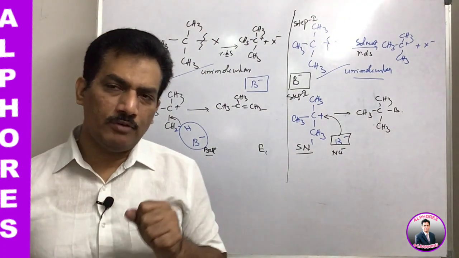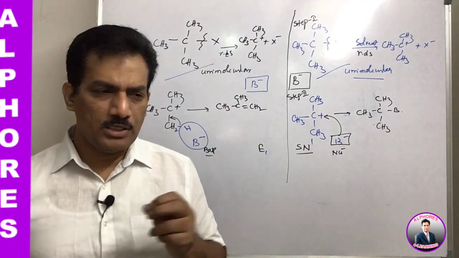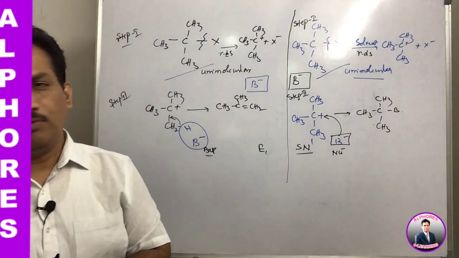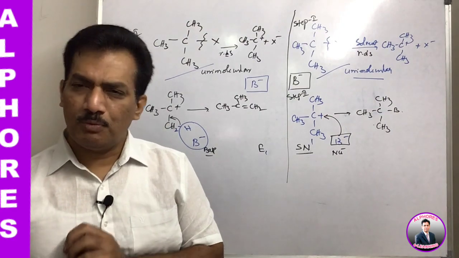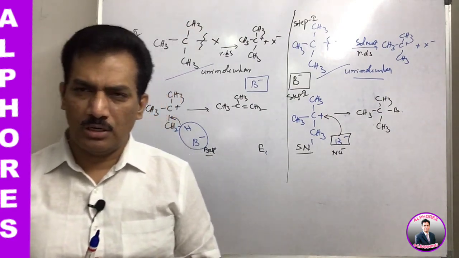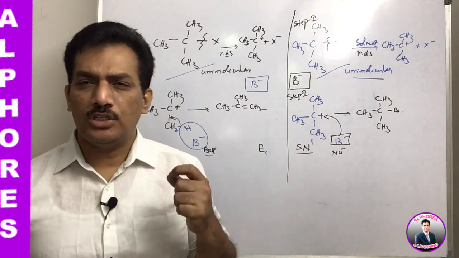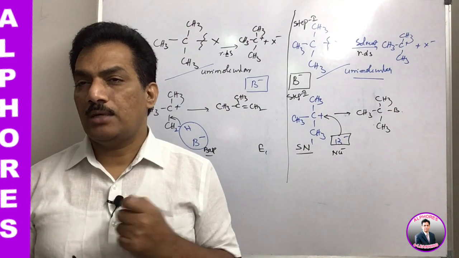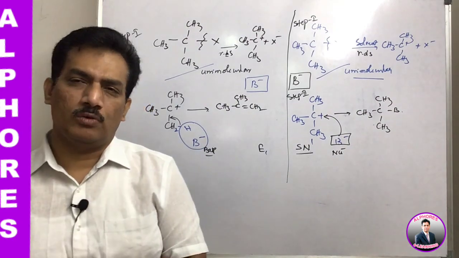Actually racemic mixture with different proportions, not 50% retention of the configuration and 50% inversion. Most of the people feel like that, but you remember that in the racemic mixture formed for a stereomer involved in SN1 reaction mechanism, inversion is 80%, retention is 20%.